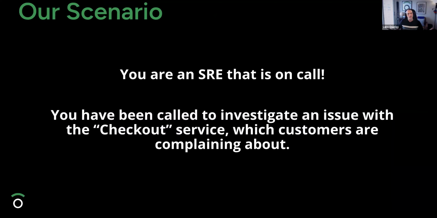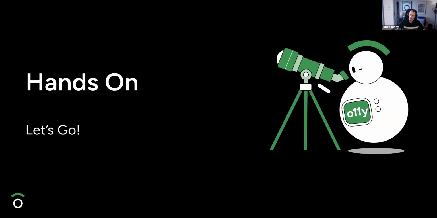Now, presumably, it's not everybody that can't check out. This is an intermittent issue. We're going to try to figure out what's going on. How do we correct the issue? And we're also going to try to figure out what is the business impact of this issue, or at least the potential revenue that could be lost from an issue like this. All right, and so with that, let's get into the hands-on exercise.